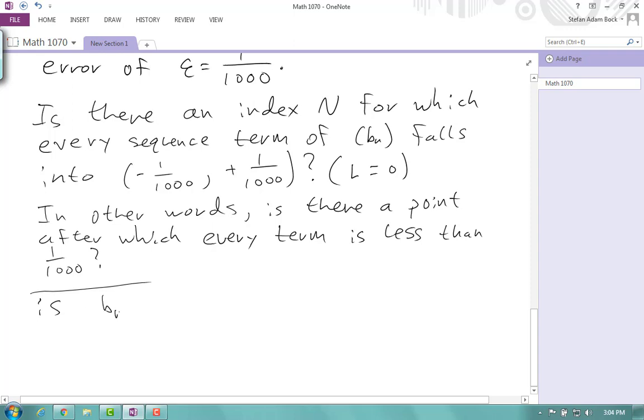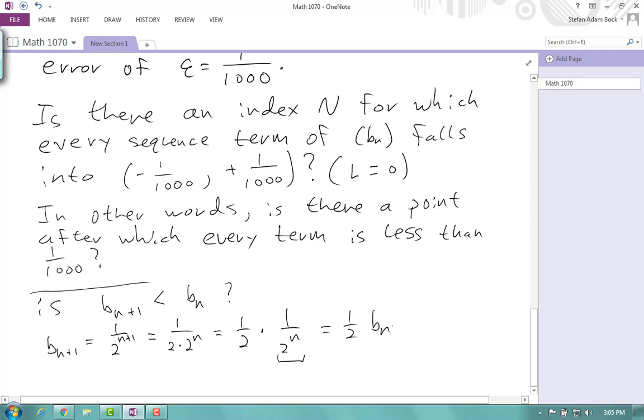So first we'll say, is b sub n plus 1, the next term, less than b sub n? Well, b sub n plus 1 is equal to 1 over 2 to the n plus 1, which by exponent properties is equal to 1 over 2 times 2 to the n, which is equal to 1 over 2 times 1 over 2 to the n, but this guy right here is actually my b sub n.